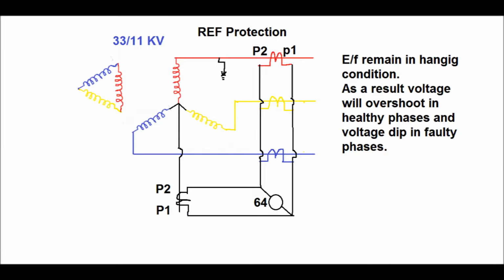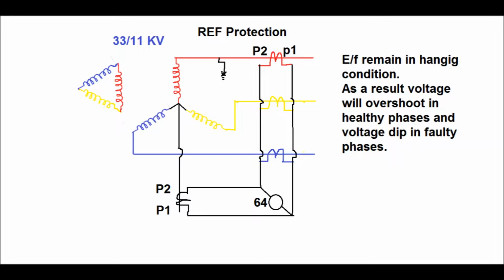Now consider the neutral point of the star winding is not connected to earth. If any earth fault occurs in the restricted zone of the transformer, then due to the absence of a return path, the earth fault remains in a hanging condition.